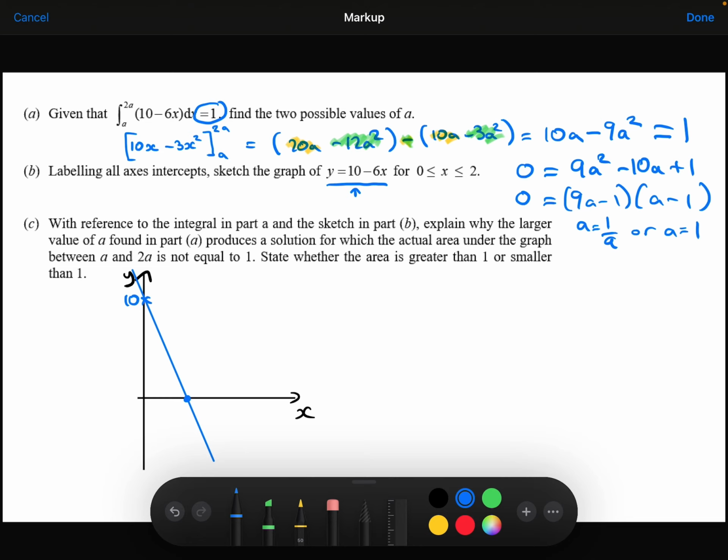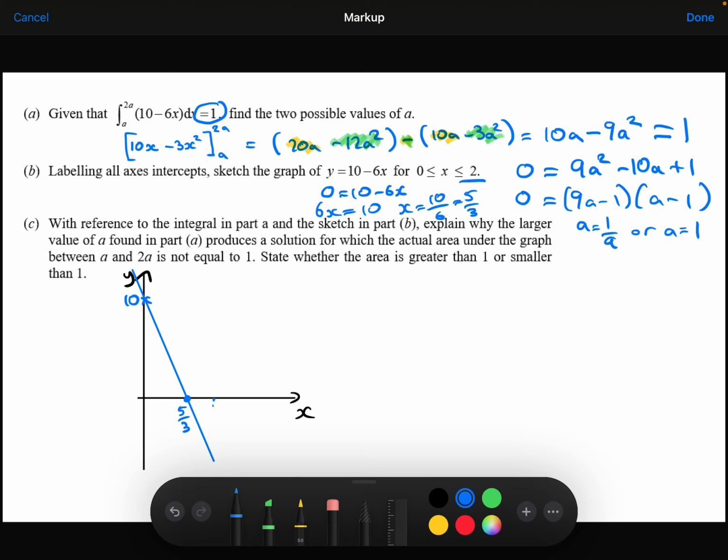Let's get the x-intercept there, so I know that's going to be when y is 0. So if I make 0 equal to 10 minus 6x, so 6x is equal to 10, so x would be 10 over 6, or 5 over 3, so that's 1.6 basically, 1 2/3, which is good because I only want to go up to where x is 2.